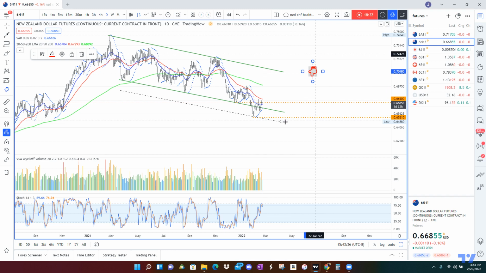EMAs are pointing down, that's bearish, right? Prices are rejecting the 50 EMA, that's bearish. But prices are above our 20 EMA, so that's slightly bullish. But our EMAs are pointed downwards. They're not completely flat, but they're not pointed up either. Okay, and we're below the 200 on the daily.